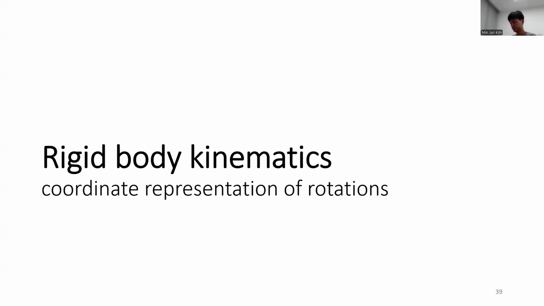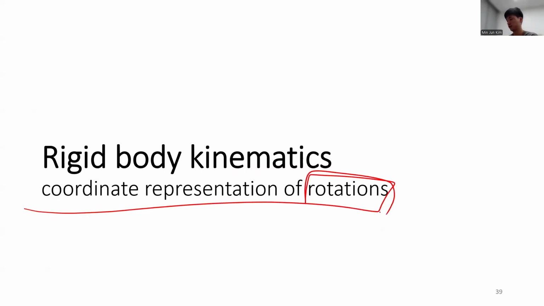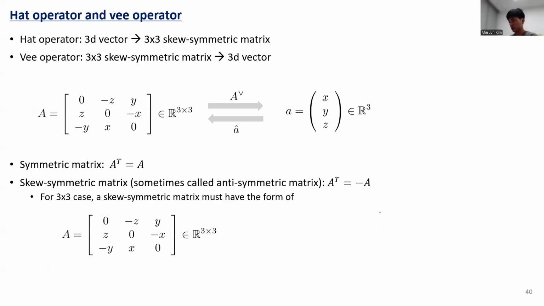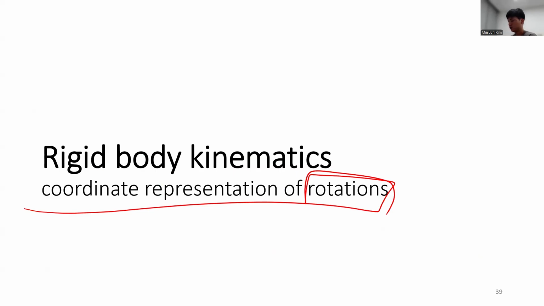Okay, let's move on to the coordinate representation of rotations. Why do we do it? Because a rotation matrix is a 3x3 matrix, right? It has 9 numbers.